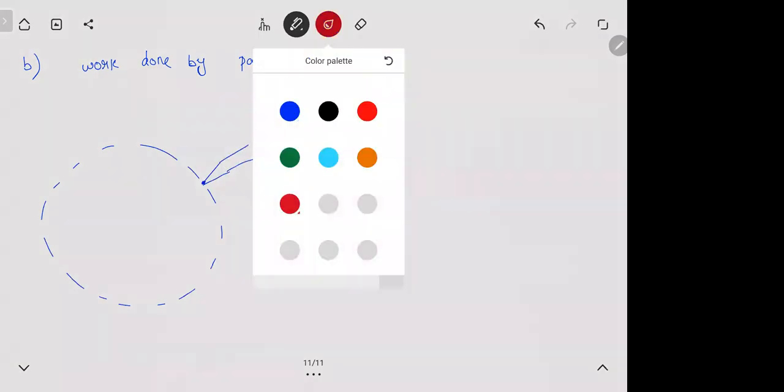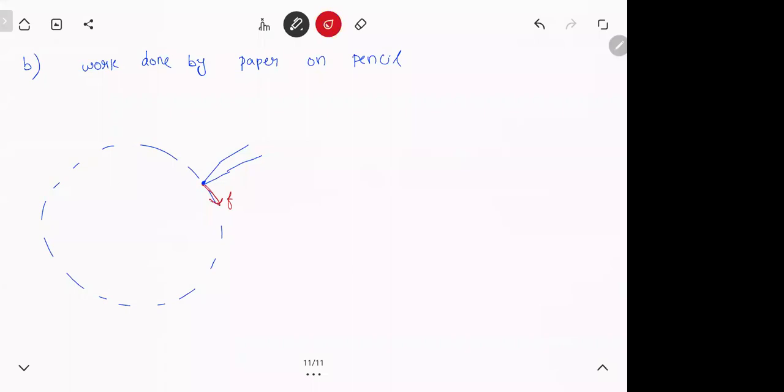Work done by paper on pencil. So now you're drawing the FBD of the pencil. So this pencil is there. Now how is the friction? Friction is tangential. And this is the displacement.